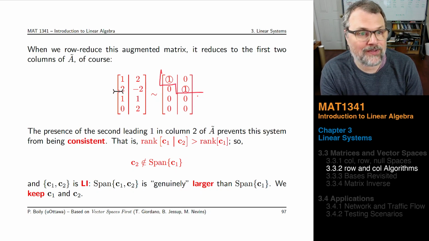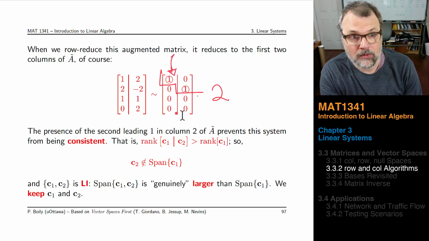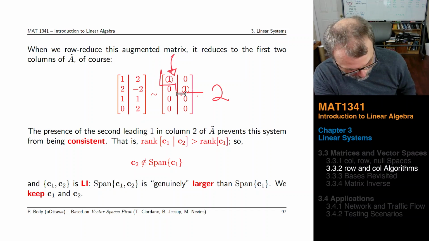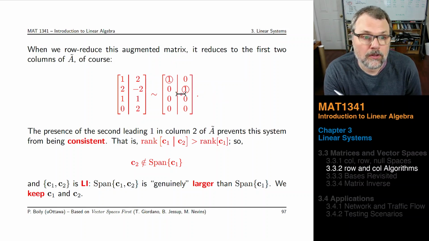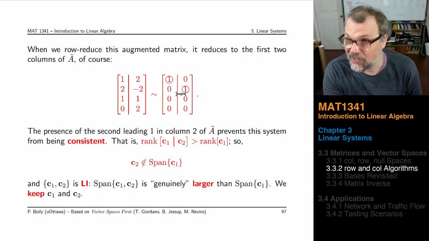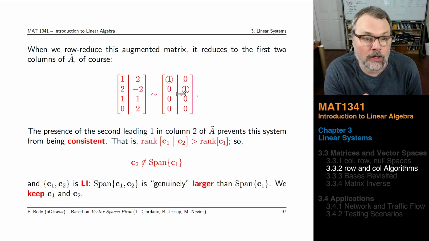Now the rank of C1, C2 in this case would be 2 because you have 2 pivots. The rank of C1 is just 1 because there's only 1 pivot in C1, whereas there's 2 pivots in C1, C2. And that tells us that the system in question is not consistent, or in other words, that you cannot write C2 as a linear combination of C1.